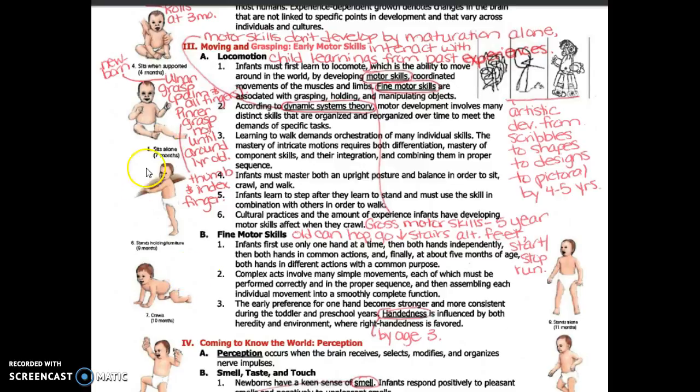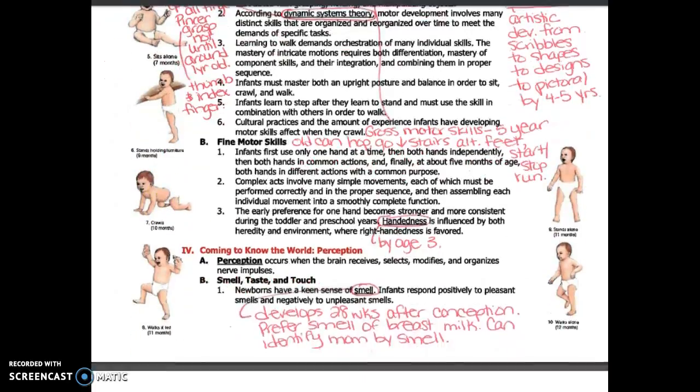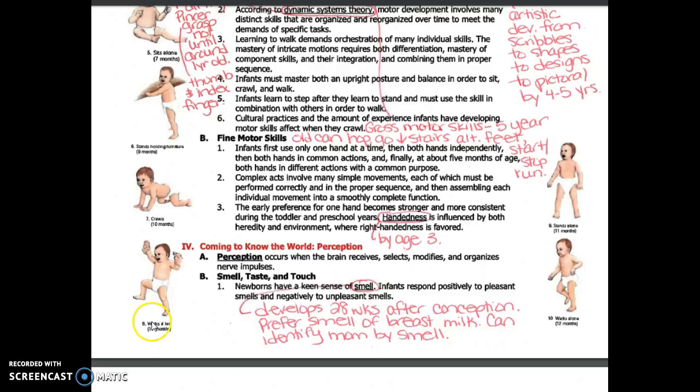Sit alone around 7 months. Stand holding onto furniture around 9 months. Crawl around 10 months. Be able to take some steps if held around 11 months. Stand alone around 11 months, and be able to walk alone around 1 year old, about 12 months.